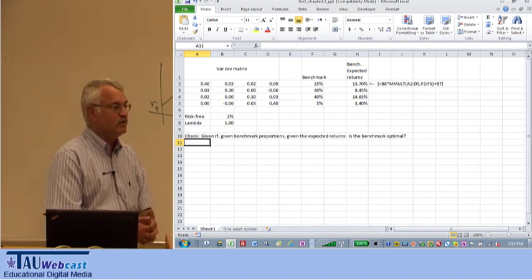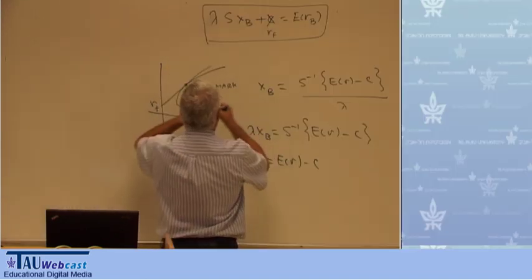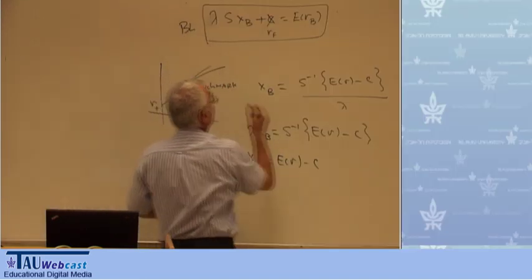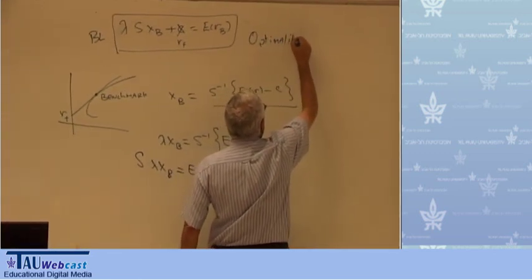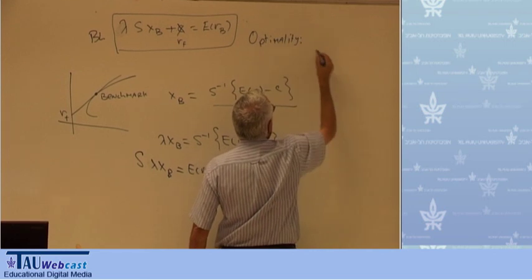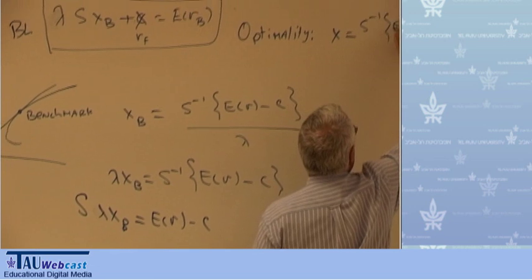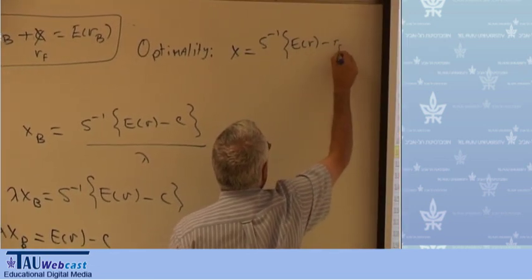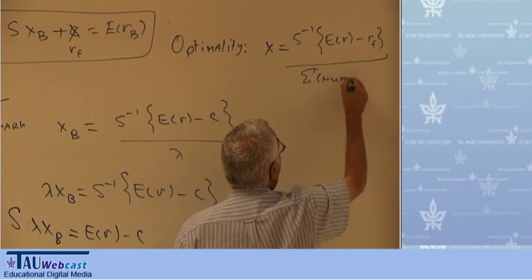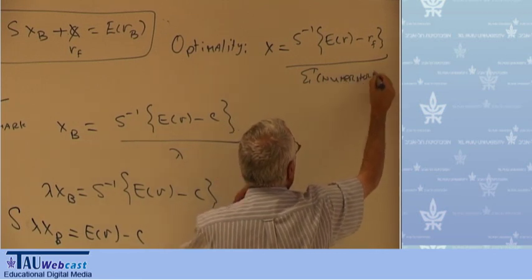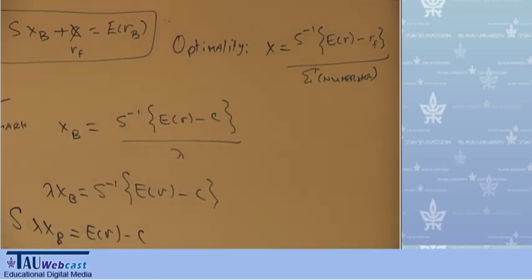To find the optimal benchmark you have to solve the other equation. This is the Black-Litterman equation, the optimality equation: x equals S inverse times expected returns minus the risk-free rate, divided by the sum of the numerator. That's what we did all week long.